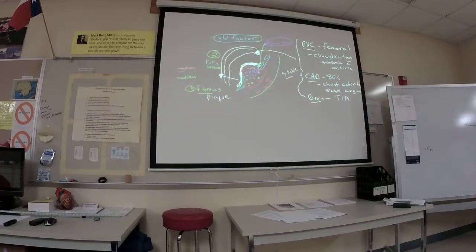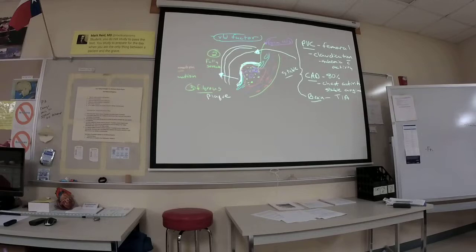The problem is when we get to the 4th phase, and here, let me erase some of this. The 4th phase is called an unstable plaque. And what happens is we have this huge inflammatory stew down here. This is all inflamed.